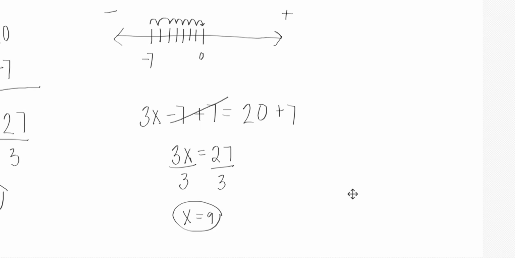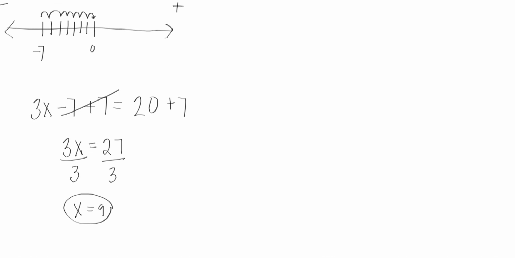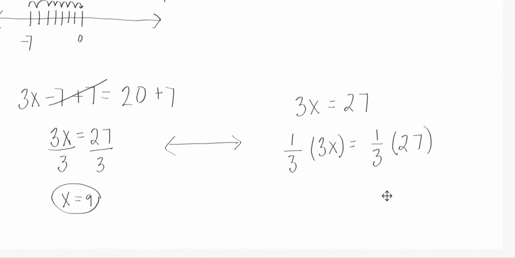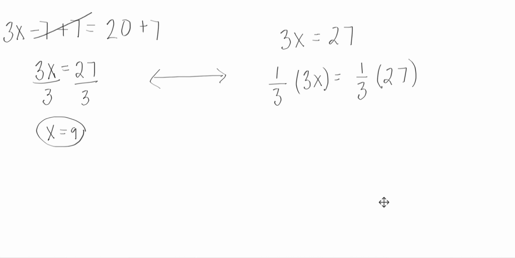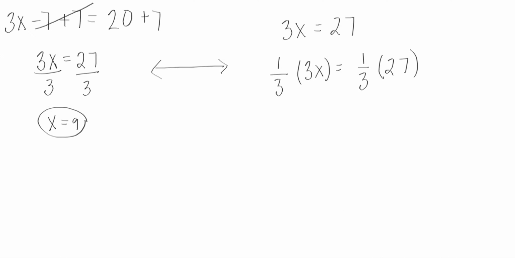The last thing that I want to mention is right here at this step, 3x is equal to 27. Dividing both sides by 3 is the same thing as multiplying both sides of the equation by 1/3. So that's going to be the same, and the intuition here is actually pretty straightforward, but pretty interesting too.